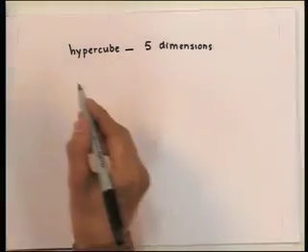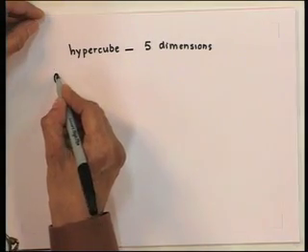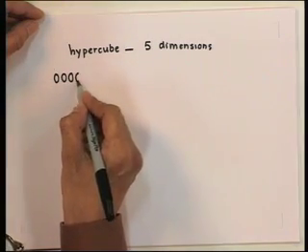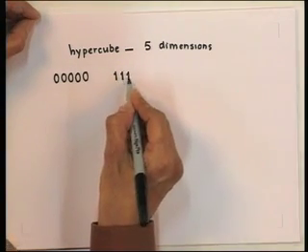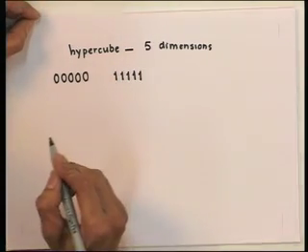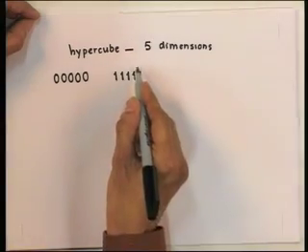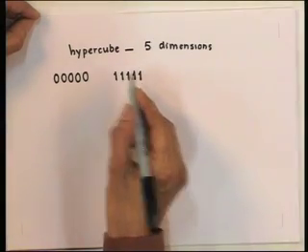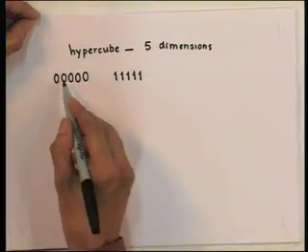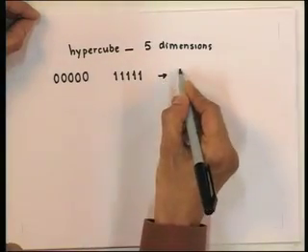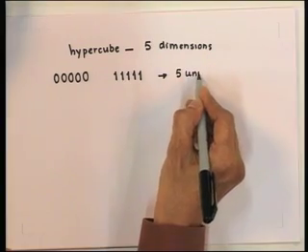The transmitted sequences in this case are n zeros and n ones, and these occupy two vertices of the hypercube in n dimensions, and these are separated by n units.